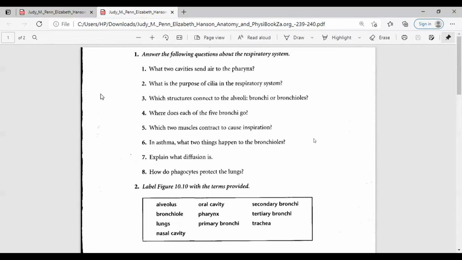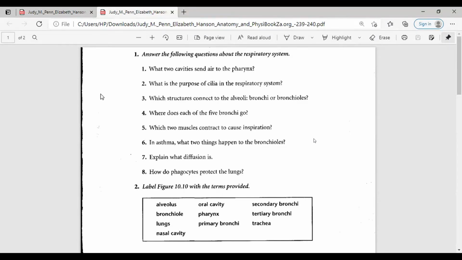When the particles get through your nasal hairs, down to your throat and down to the trachea, the cilia inside your trachea will trap the particles. Understand? Yes. Okay, thank you.